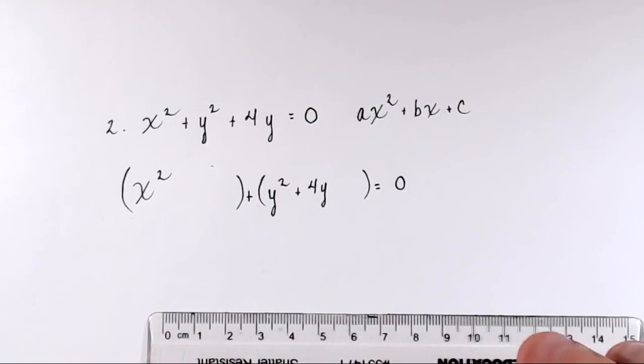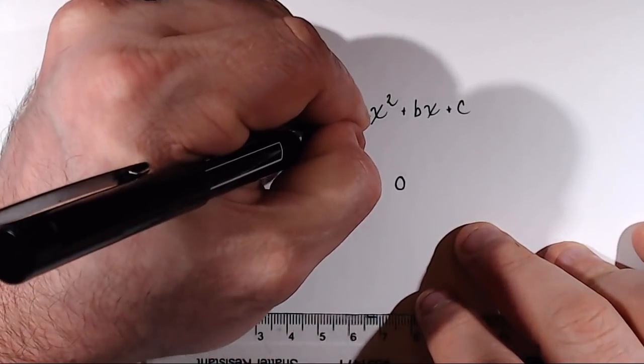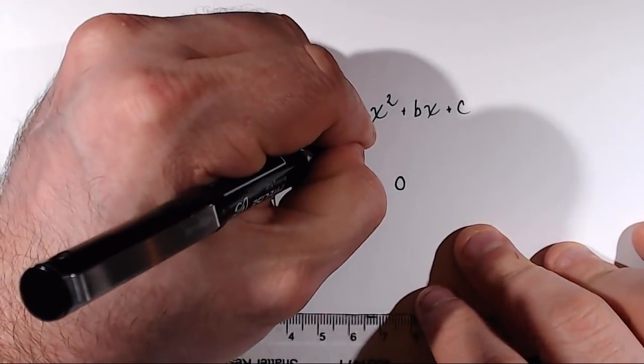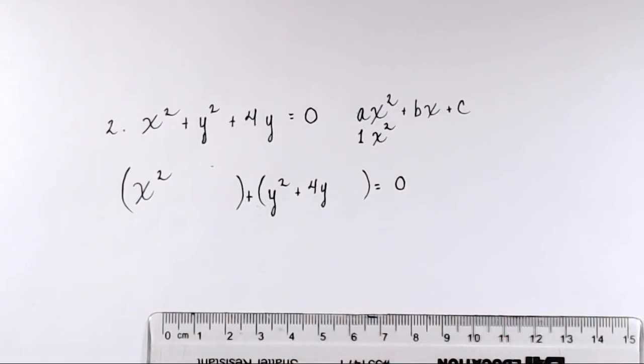Okay? And we know what a is. A is 1. So, see, there's a 1 in front of that x squared. So it's 1x squared.